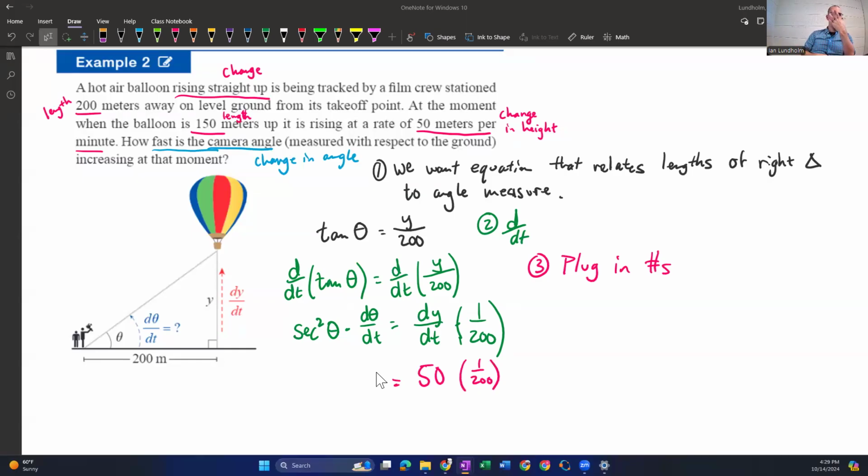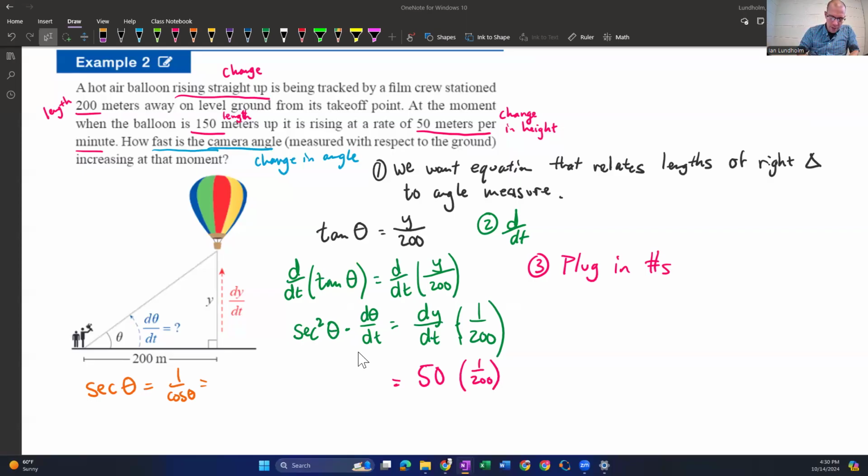Secant squared theta is not a quantity that's necessarily changing, so we should just be able to calculate this based on the triangle. So if we scoot over here, what is the secant of theta of this triangle? Well, the secant is 1 over the cosine, so it is not adjacent over hypotenuse.